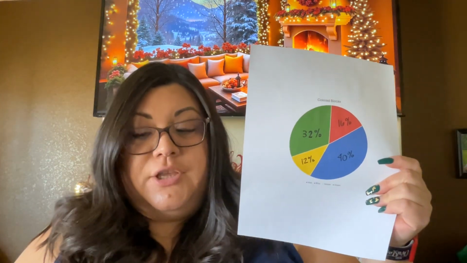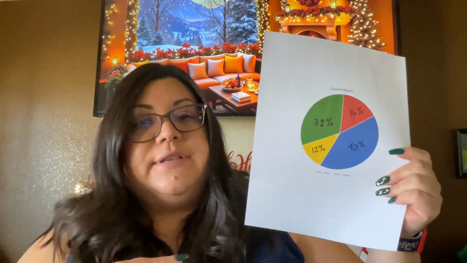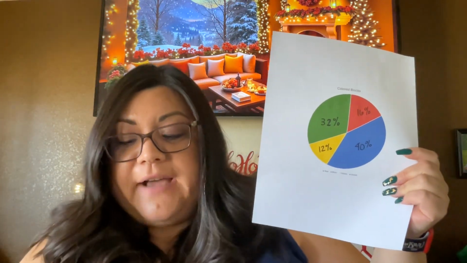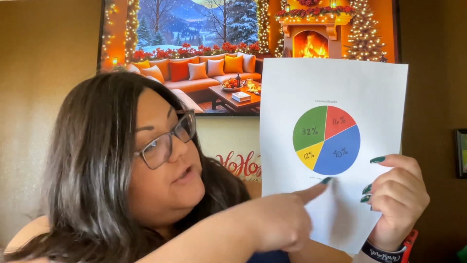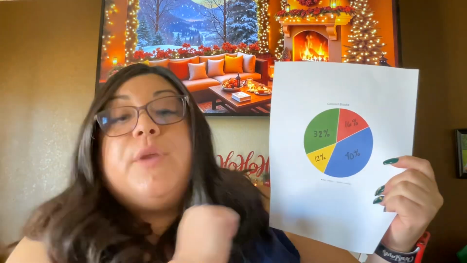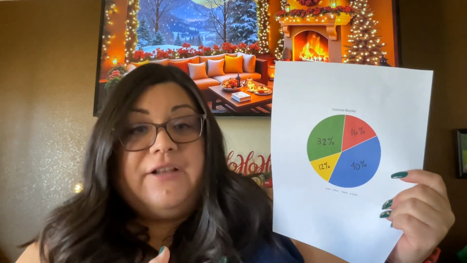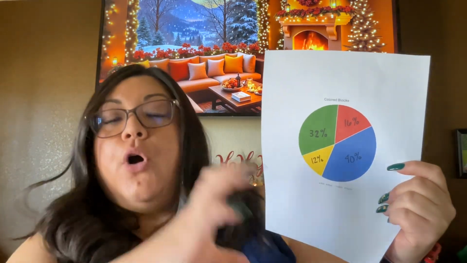I also went ahead, and I didn't give you this option, but you can take that same data and turn it into a pie chart. All you have to do is, we have 25 blocks, correct? So you're going to divide whatever number. Blue accounted for 40% of the whole 25, which would be 100%.